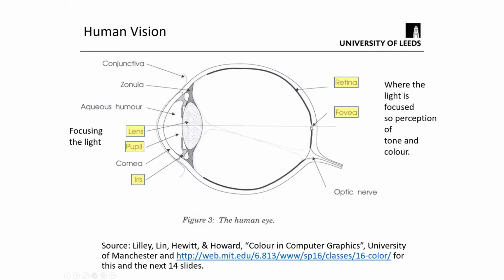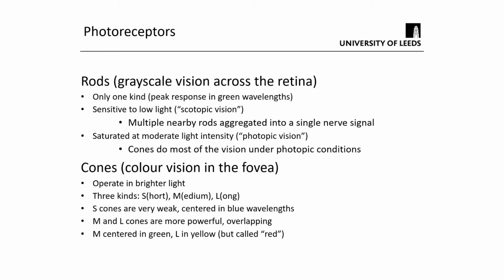The fovea is where you focus the high detailed stuff in colour. And the retina, which goes across the back of your eye, is black and white imaging or night vision. And then at the optic nerve, where that goes in, you don't have much vision at all. So those are the important things to remember.